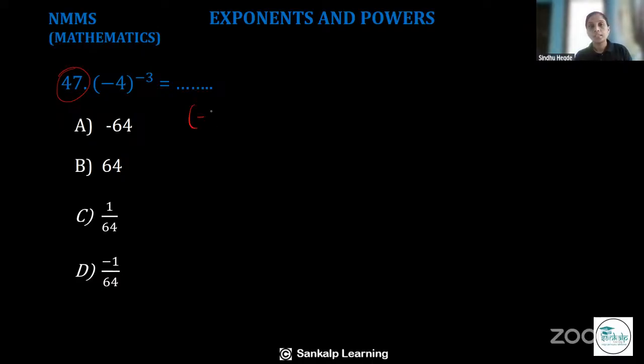The given number is (minus 4) whole to the power minus 3. Apply the rule that tells that a raised to minus n is nothing but 1 by a raised to n. Similarly, here in the place of a, minus 4 is there.